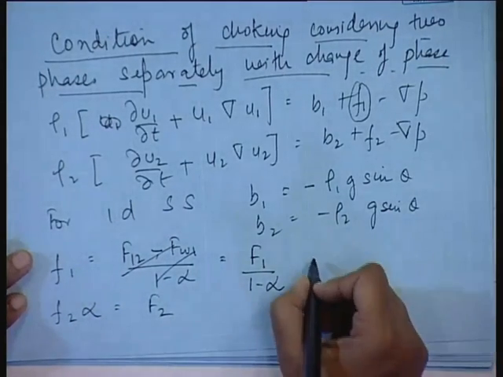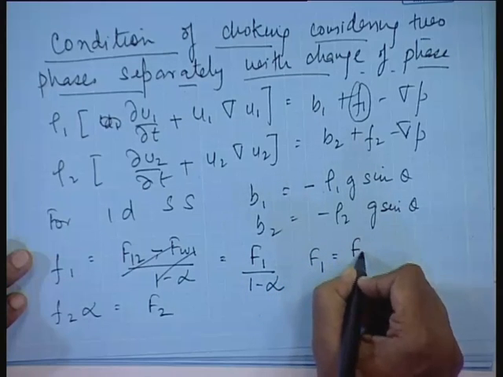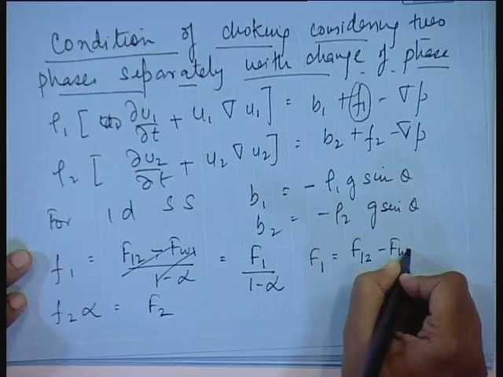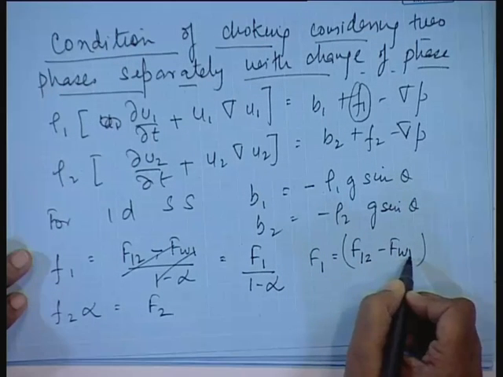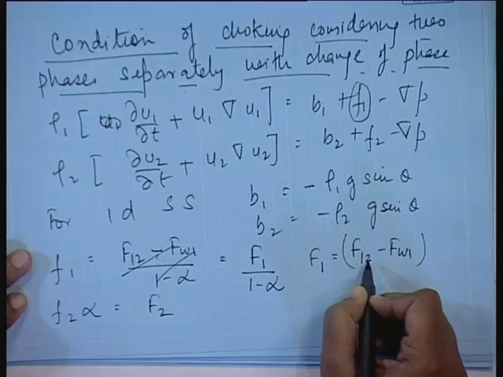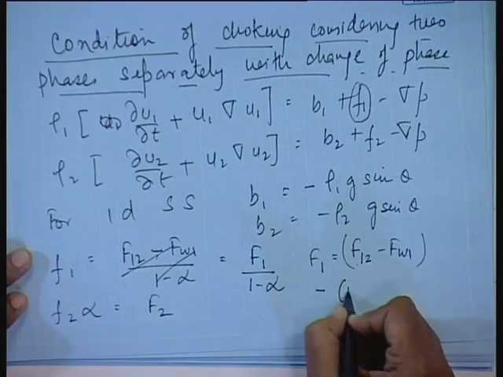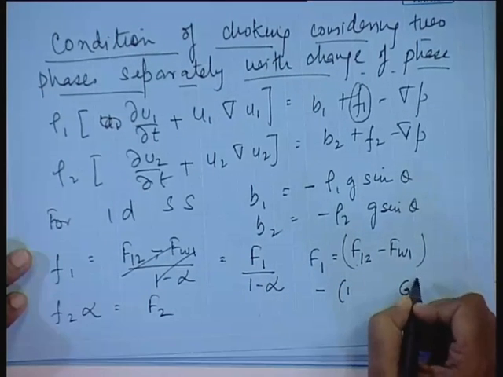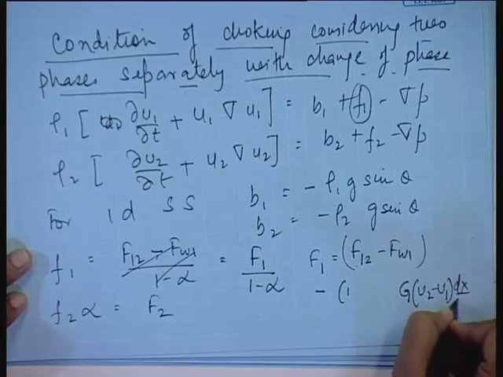right. And what is F1 equal to? F1 comprised of F12 minus Fw1. If you remember, the interaction between the wall and fluid 1, the interaction between fluid 1 and fluid 2, and when there was a change of phase, what extra did we have? For change of phase, we had the total force (U2 minus U1) dx dz.